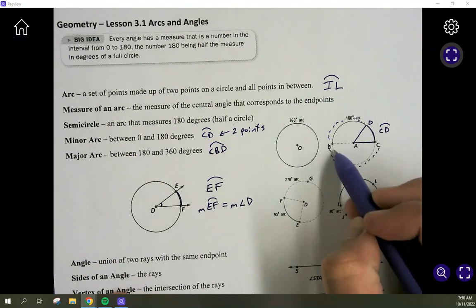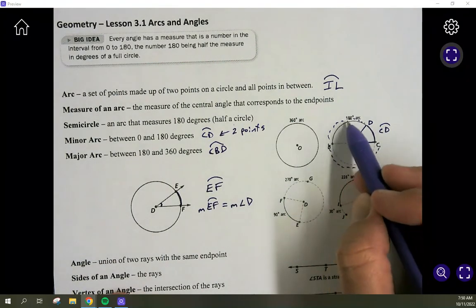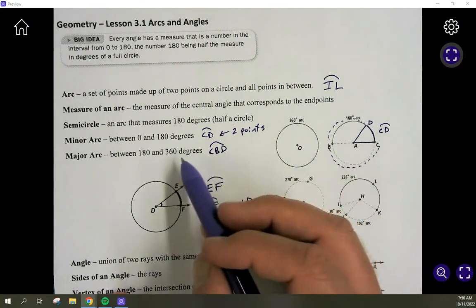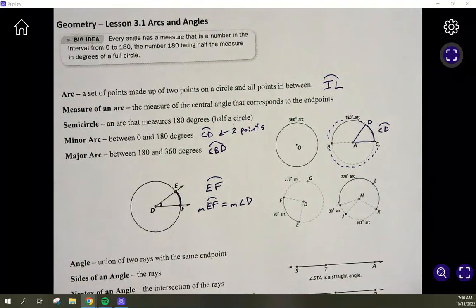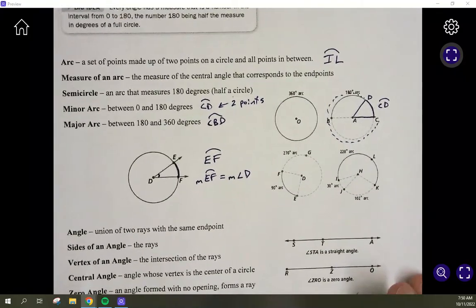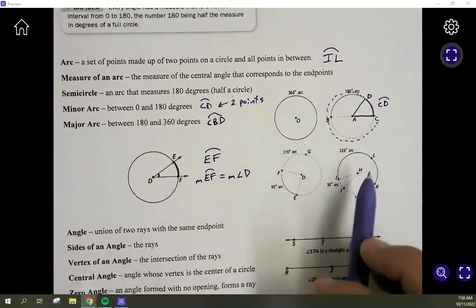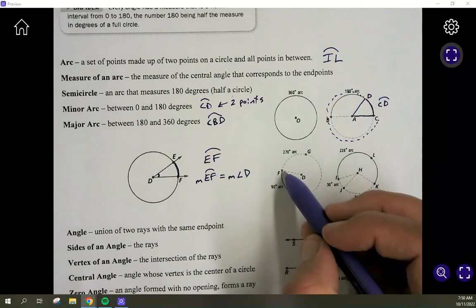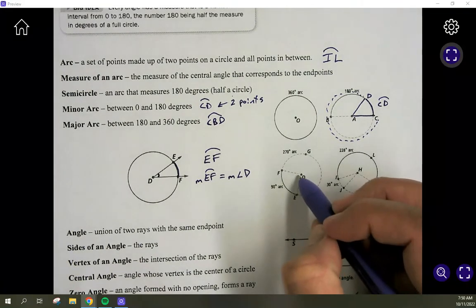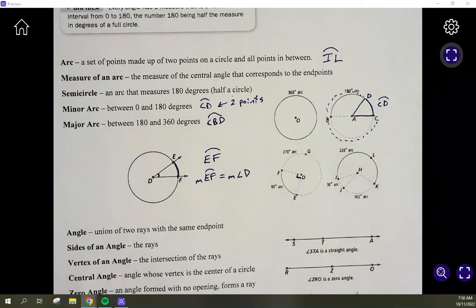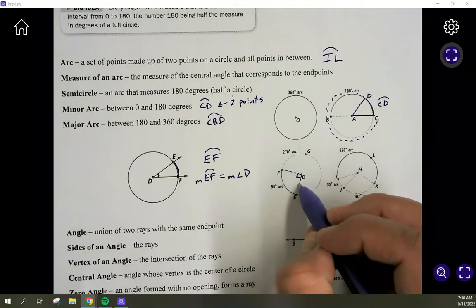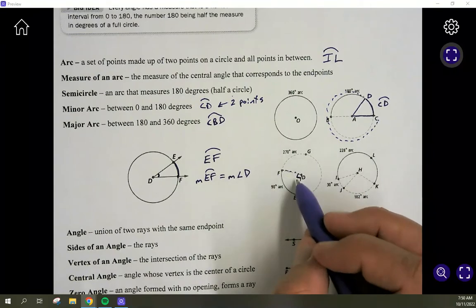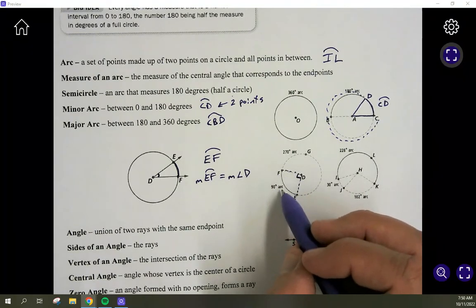So that would be a major arc. Here's 180, half the circle. It's more than 180 degrees, less than 360. That would be considered a major arc. And so before we move on to angles, if we just take a look at these pictures, if I have a 90-degree arc in here, then I know that this is a 90-degree angle, first of all. The angle that forms those endpoints of the arc is going to be the same degrees as that.